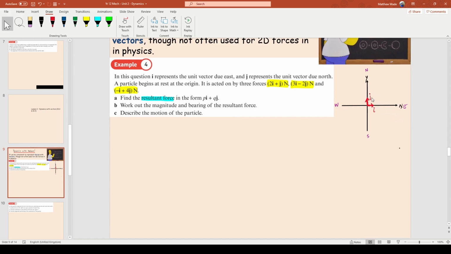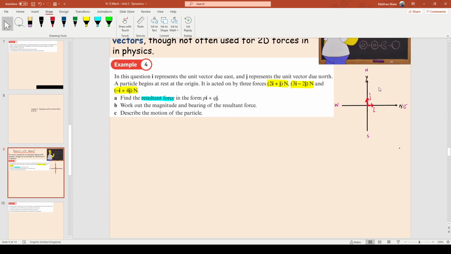Now, i and j are just single steps in each of the two directions. So if I told you to go in the direction of 3i, that would mean take 3 steps along the x-axis. Same deal with j, but j is for the y-axis. If I said go 4j, it would be go 4 steps up the y-axis. If I said go 3i plus 4j, it would be 3 across first and 4 up. So I hope you remember the ideas of vectors.